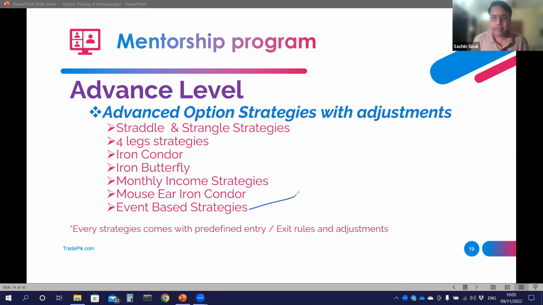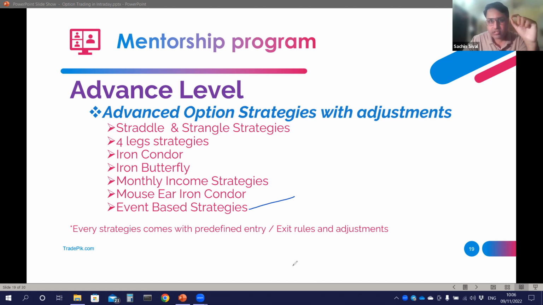So when you know some event is coming in the next few days, you can start optimizing, or you can just scan the data. And if your data indicates favorable situations, you can create this strategy.